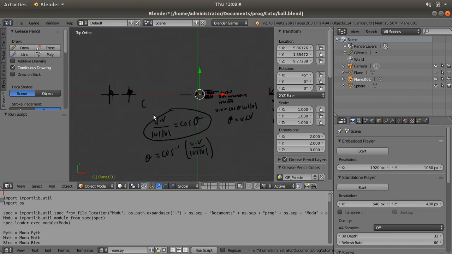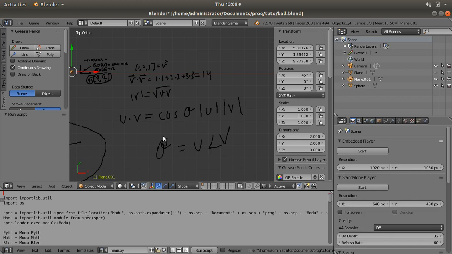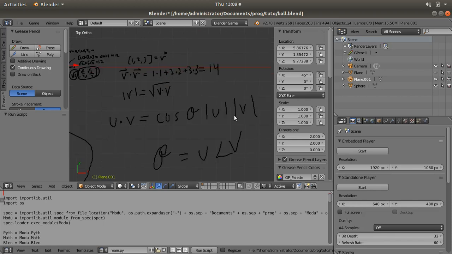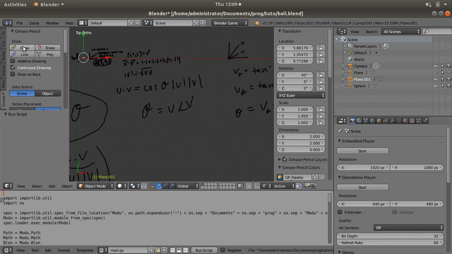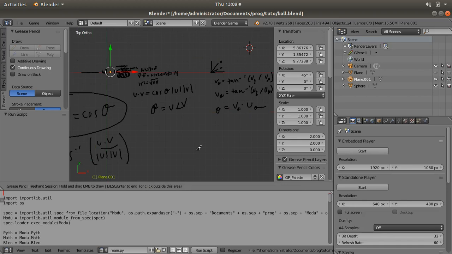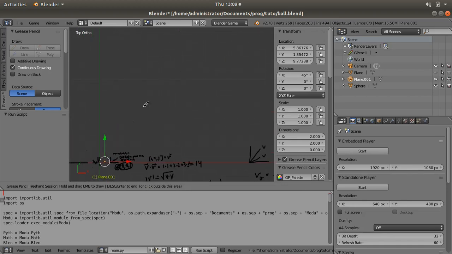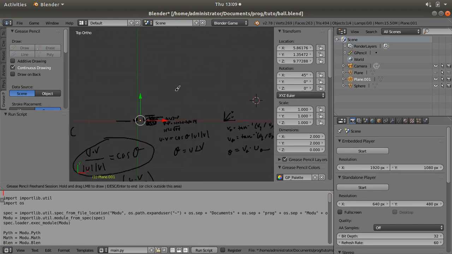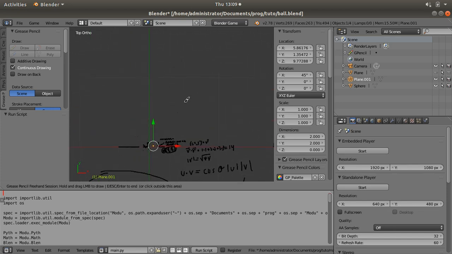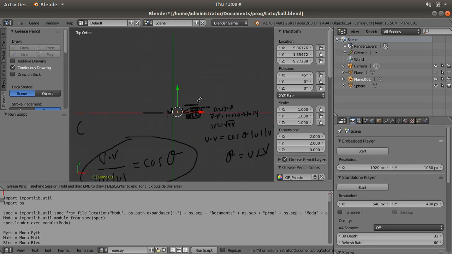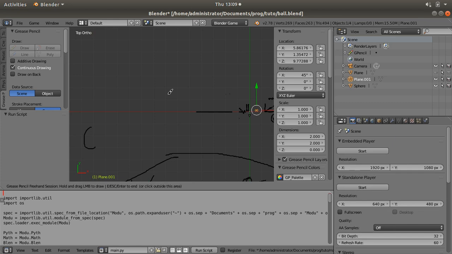So one way to think of this dot product is, this isn't the best way to think of it, but it can be useful for predicting what a value of a dot product should be. So let me just draw two new vectors.